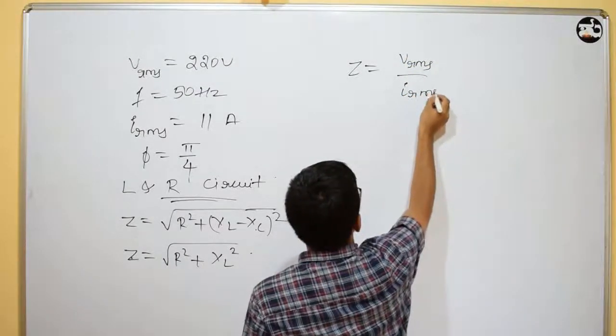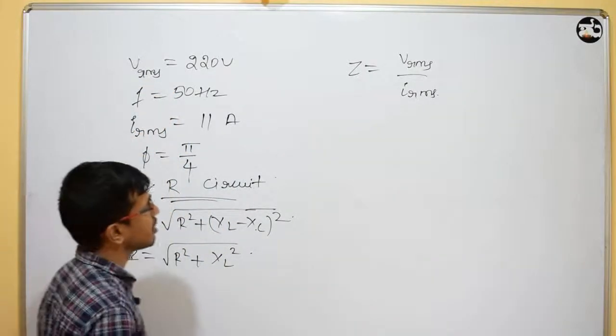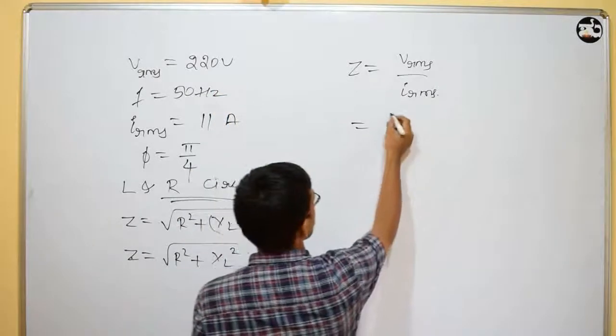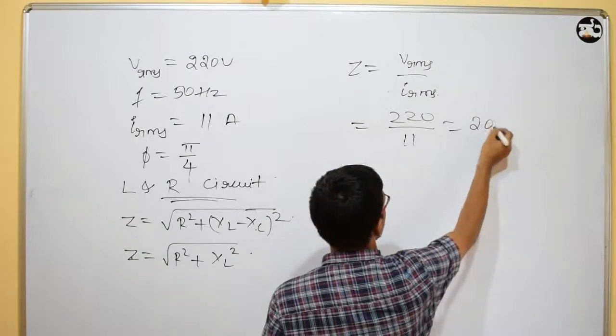Vrms is given, Irms is given. So Z is equal to 220 volt divided by 11, in the sense 20 ohm.